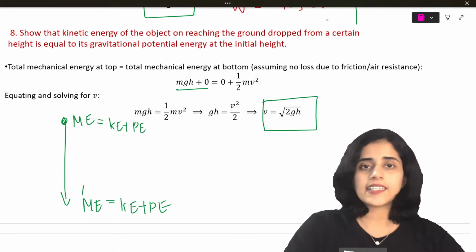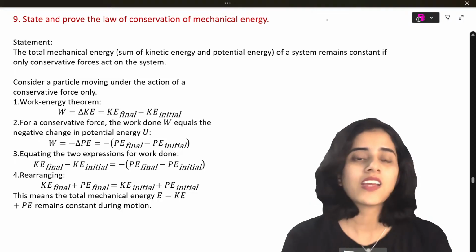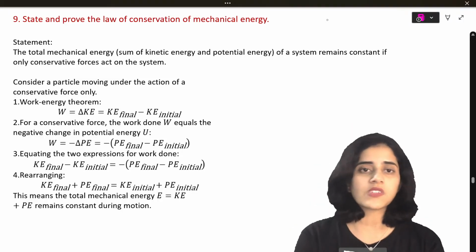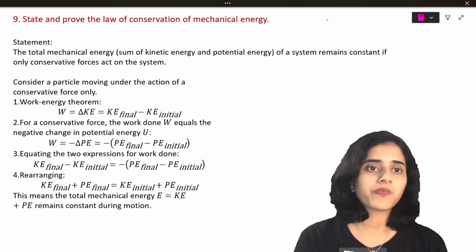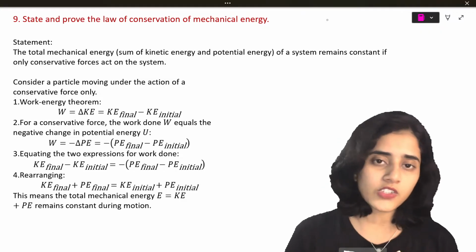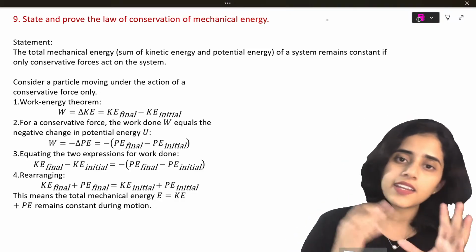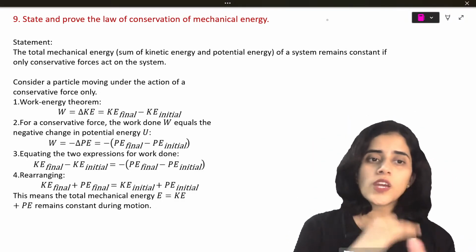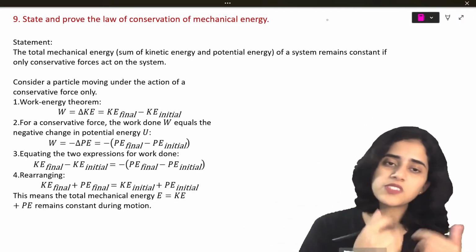Very good. Let's look at the next question. State and prove the law of conservation of mechanical energy. So what does this say? The total mechanical energy, the sum of kinetic energy plus potential energy, remains constant. We have to prove that. So we are going to use some theorems that we already learned.